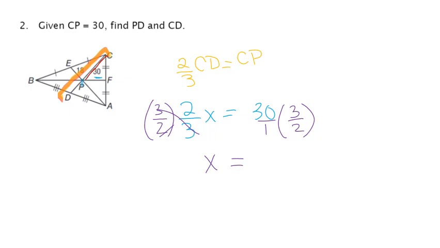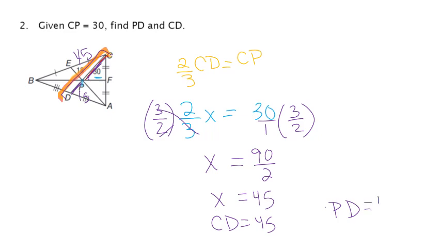If I multiply across, I get 90 over 2, or 45. That's really CD, so this is 45. And then if I do 45 and this is 30, PD will be 15.